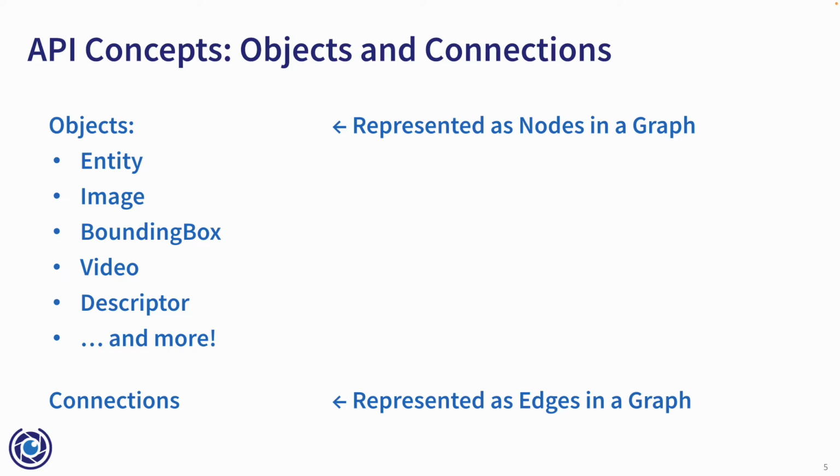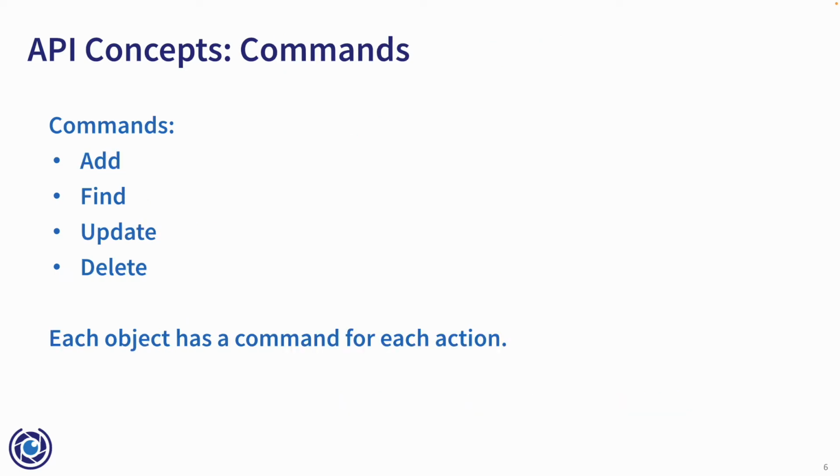In a similar manner, if you have specific types of nodes in the graph, like an image or a bounding box or a video, we have special support for those types of objects, and we provide special functionality for them. And we have support for more abstractions that are very useful, especially in the context of visual applications, like polygons and clips and frames. And we also have connections. Connections essentially represent relationships between the different objects that you have in the database, and those can be used to do graph traversal operations.